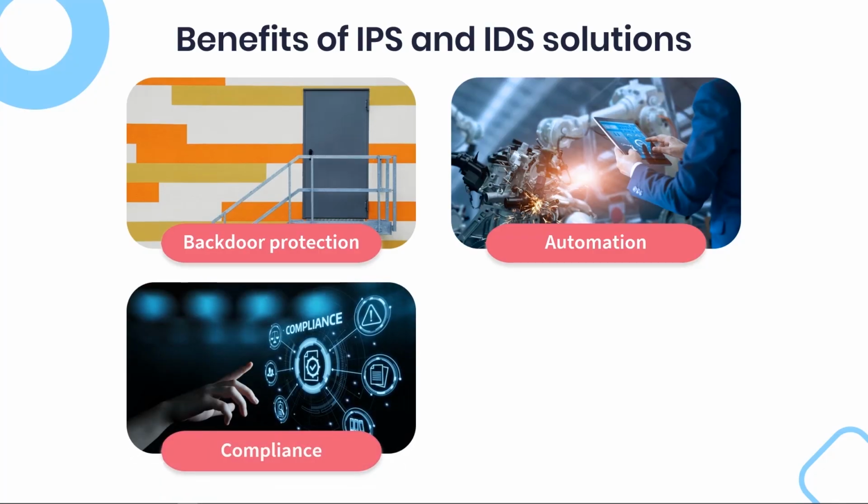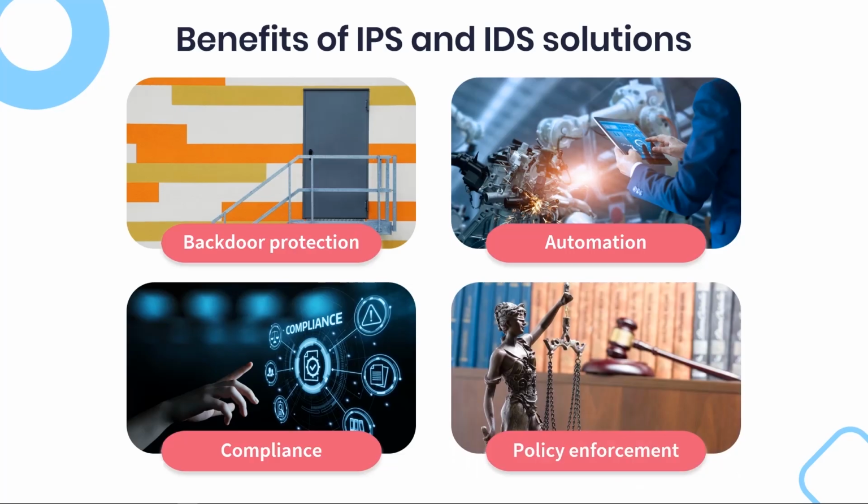Compliance. Companies can use IDS or IPS solutions to help tick off compliance requirements and prevent a lot of issues that may arise if there was a breach. Policy enforcement. IDS or IPS solutions are configurable to help enforce internal security policies at network level.